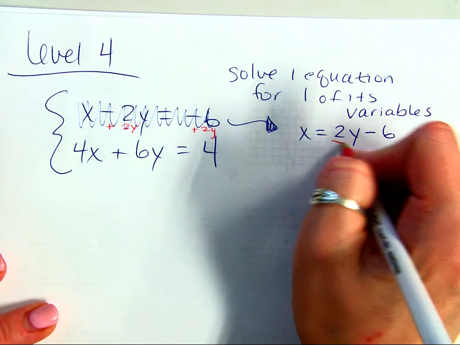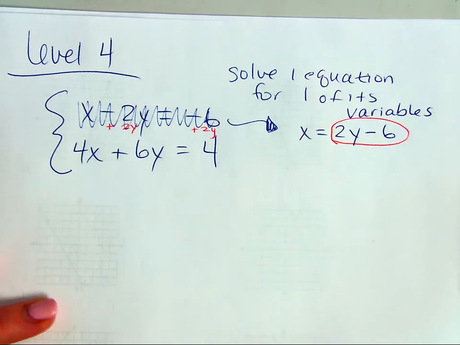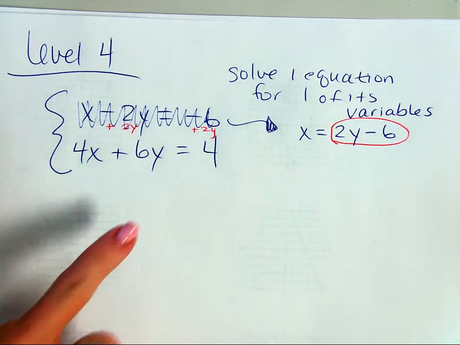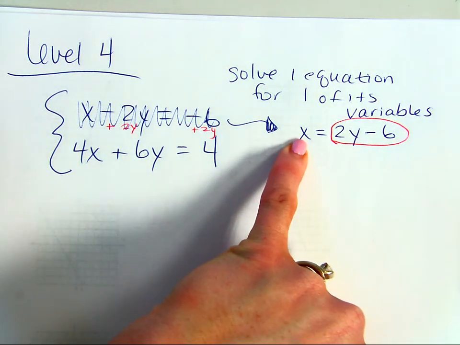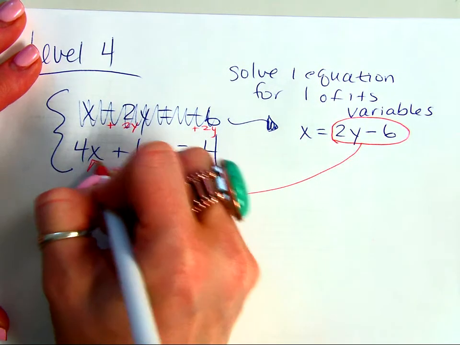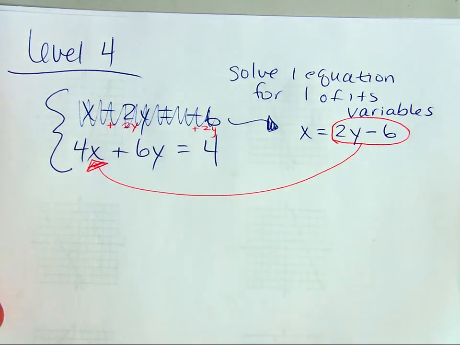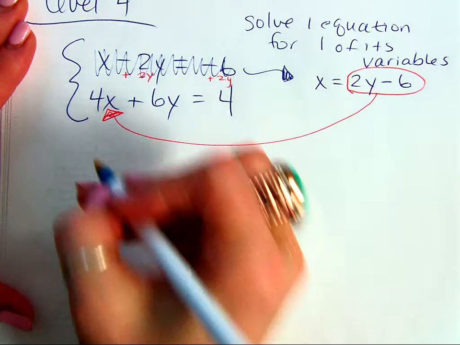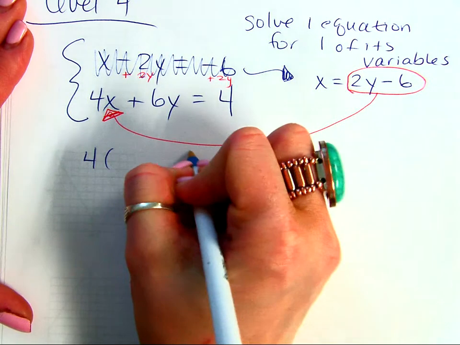I have to take this whole thing, be careful, I know it has a y in it, but where does it go? In for the x, because they're telling you that's what x equals. So it goes all the way right here, doesn't it? And then, once we get it there, we're home free.